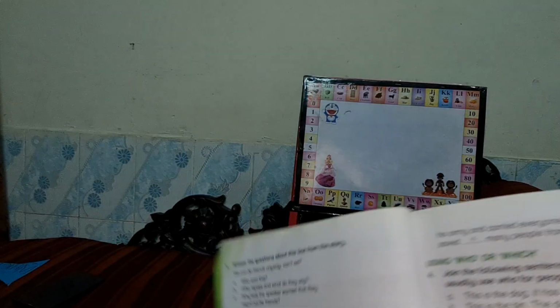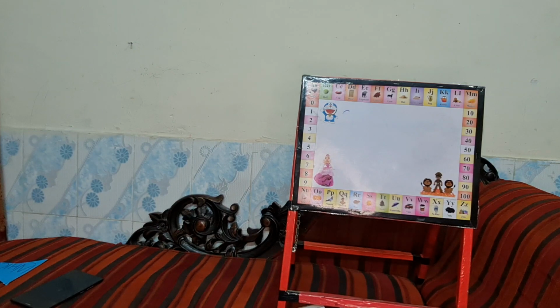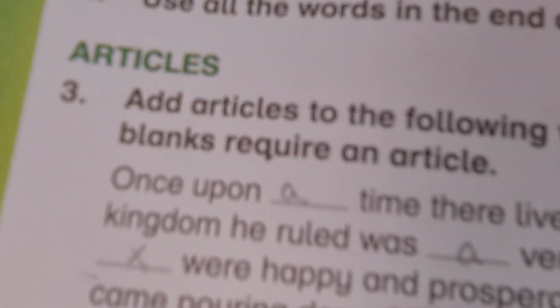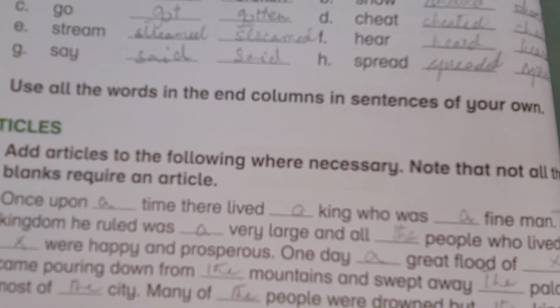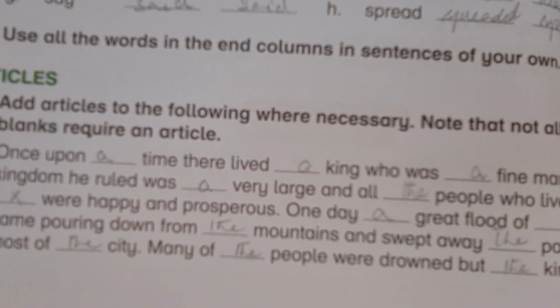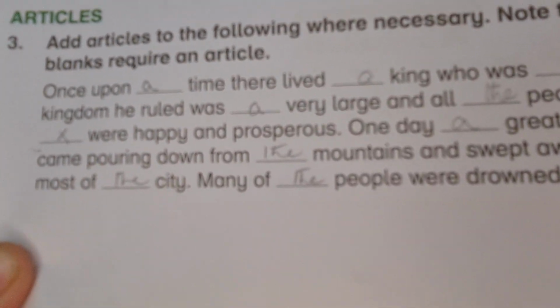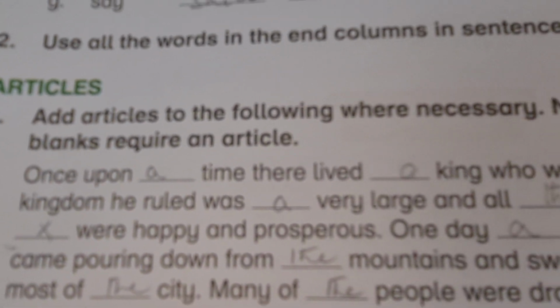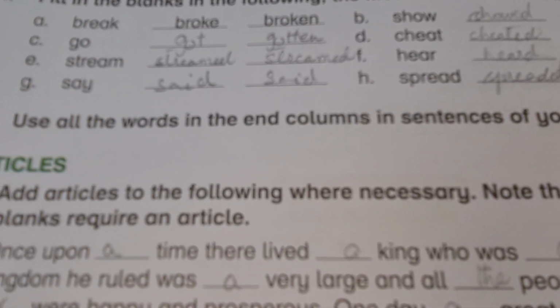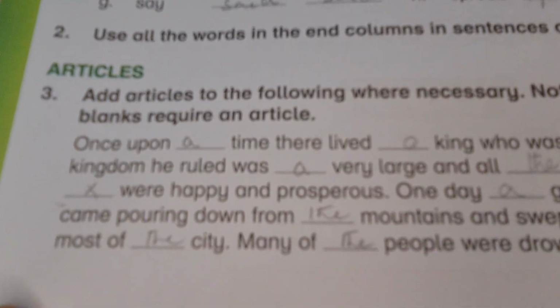See, here we are going to use the because this is the only kingdom he is talking about. The kingdom he ruled was very large, and all the people who lived in it were happy and prosperous. You're not supposed to put an article everywhere, okay?